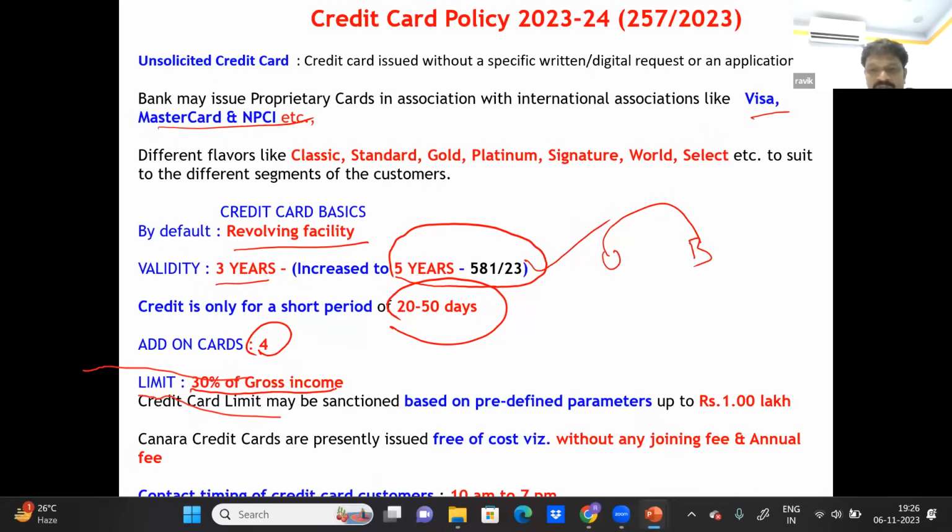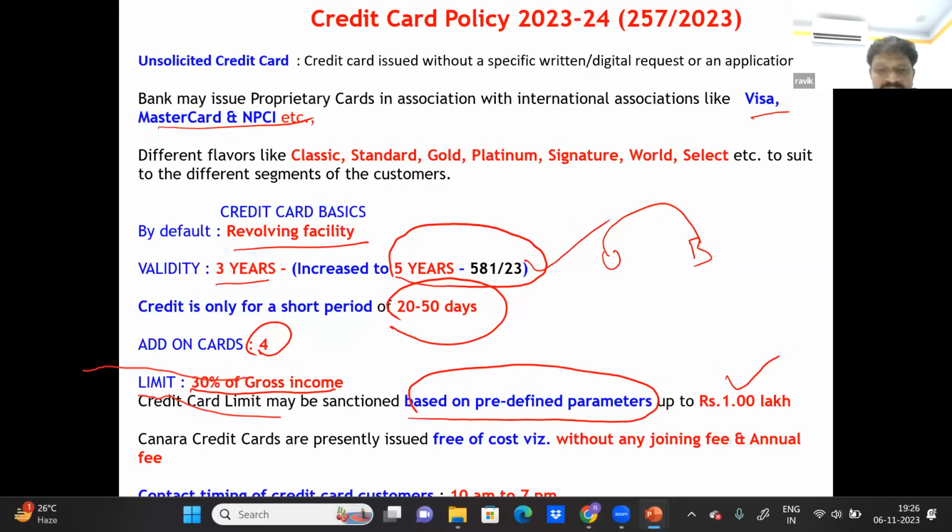Then credit card for predefined parameters. Online, they will apply with the predefined parameters. They can take up to 1 lakh only, because it's a predefined system. They will apply digitally online, and the system will verify everything with the predefined parameters and issue. So we cannot issue with more amount. It is only 1 lakh.